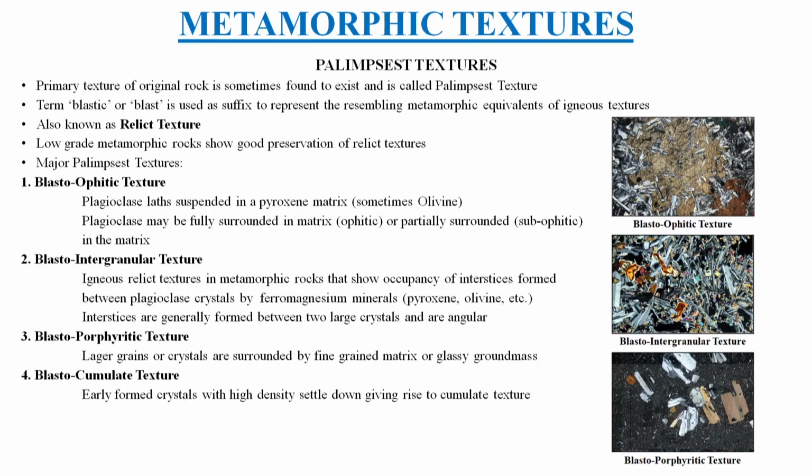Then you also have cumulate texture, where early formed crystals with high density settle down, giving rise to cumulate texture. Again, if this kind of texture is exhibited by a metamorphic rock, it simply becomes blasto-cumulate texture. So, you can see how this word blasto is being used as a prefix to name the relic texture exhibited by a metamorphic rock. The relic texture from where?